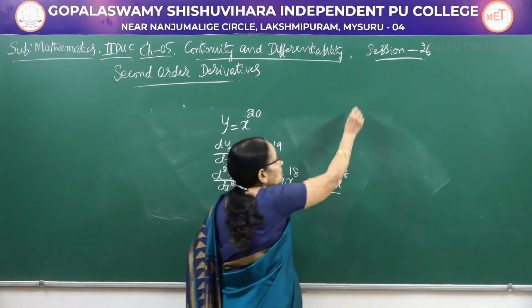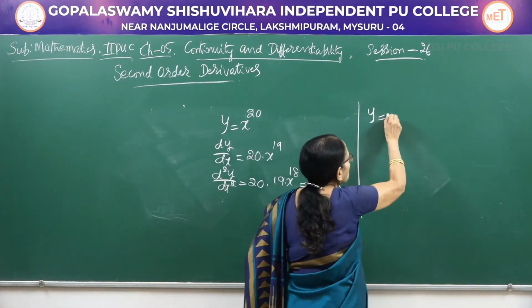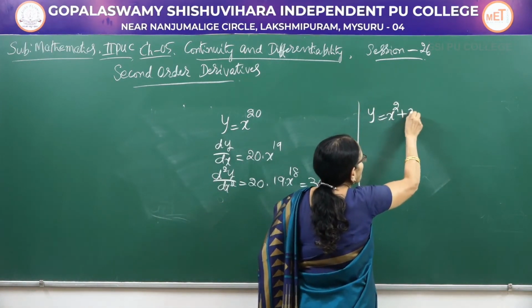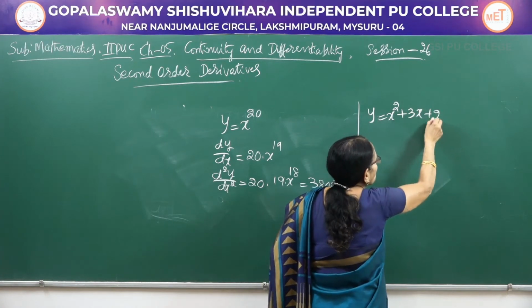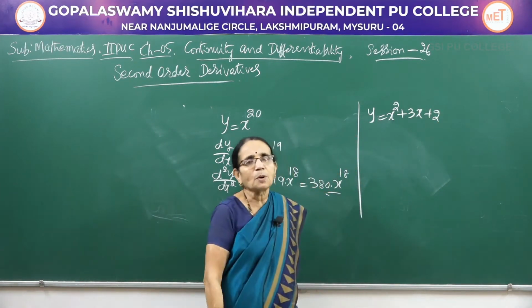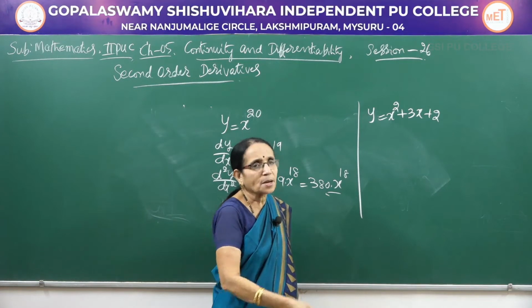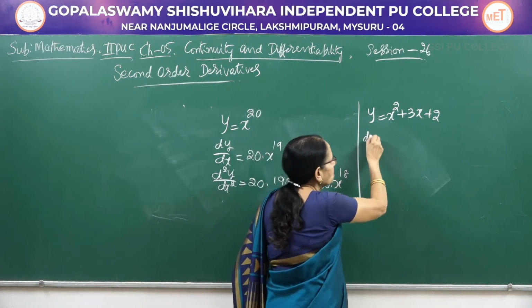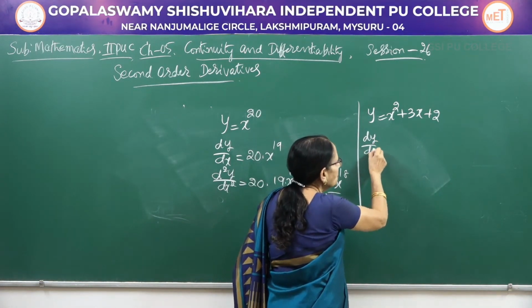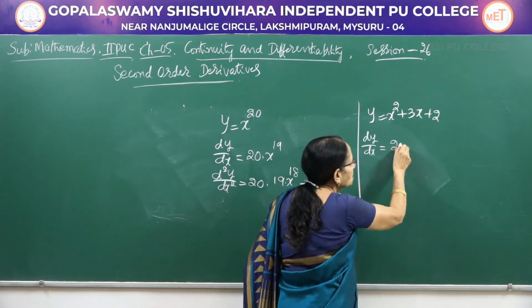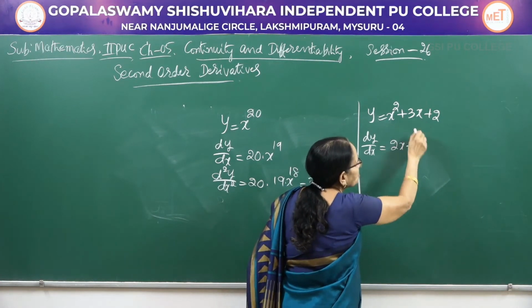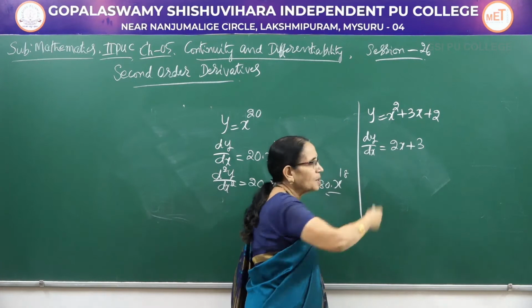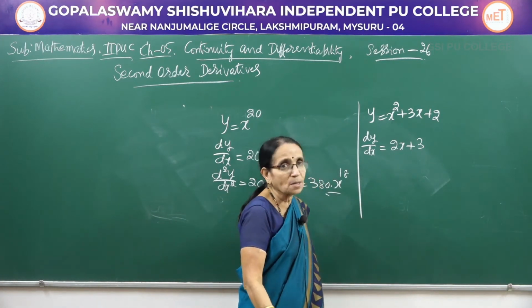Let us consider another problem. y is equal to x square plus 3x plus 2. So it is again a polynomial function of the second degree. Differentiate once. It is dy by dx. x square becomes 2x and 3x becomes 3, because these are very simple problems which you have done already.